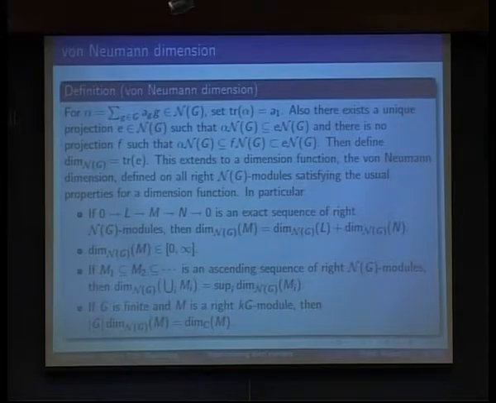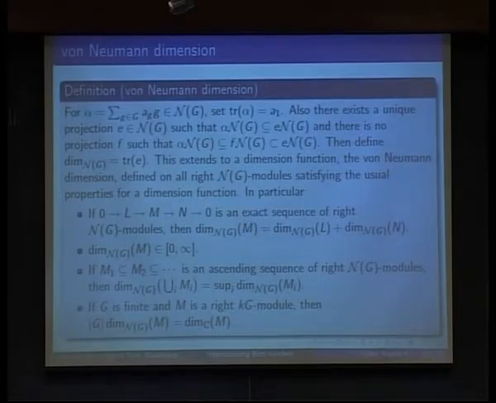So you can define von Neumann dimension for N of G modules. You have a trace defined on N of G, because N of G you can think of as a subset of L2 of G, and so you can take the trace of sigma a_g g, just defined to be the coefficient at the identity. Also, given alpha in N of G, there is a unique projection E such that alpha N of G is contained in E N of G, and in some sense it's the least such projection.